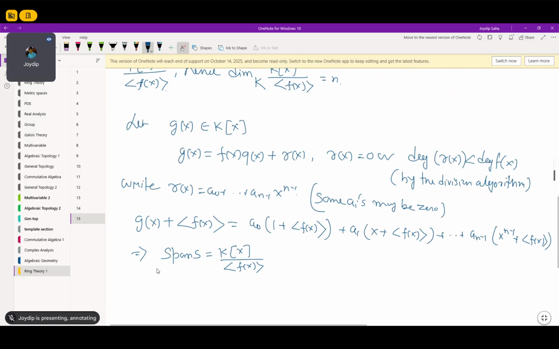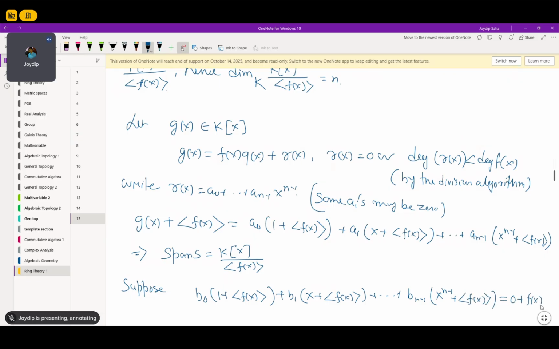Now you have to show that it is linearly independent. Suppose b0 into (1 plus the ideal generated by f(x)) plus b1 (x plus the ideal) plus up to b(n minus 1) (x to the power n minus 1 plus the ideal) is 0 plus the ideal.